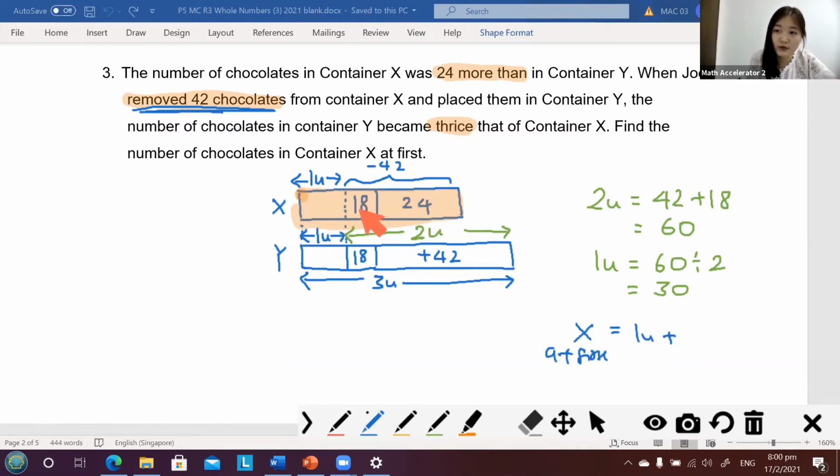Or you can take 1 unit plus 18 plus 24, also okay. So 30 plus 42, your final answer would be 72. For those of you who chose 72, that is correct.